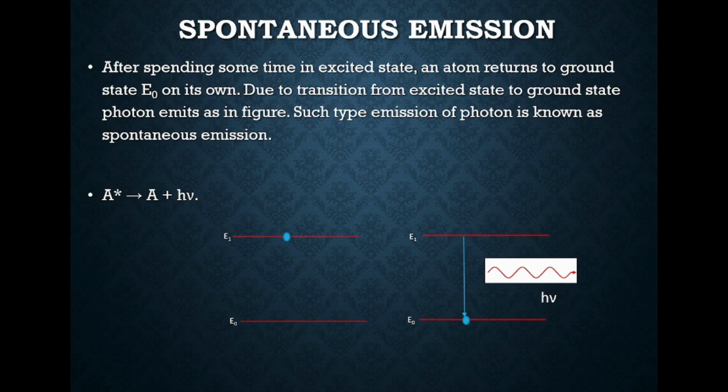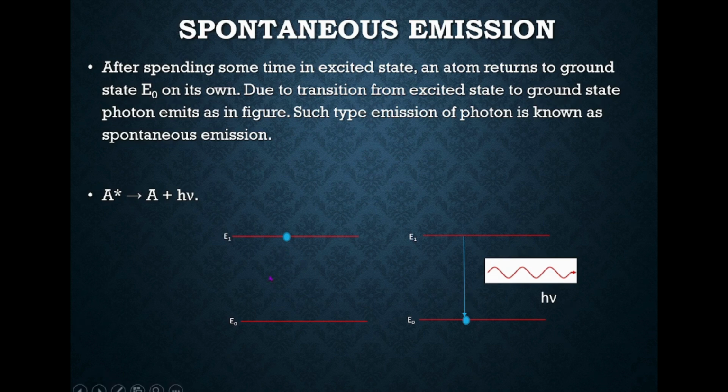When the atom is in the excited state, it transits from the excited state to the ground state by emitting a photon having energy h nu. Such a type of emission is called spontaneous emission.